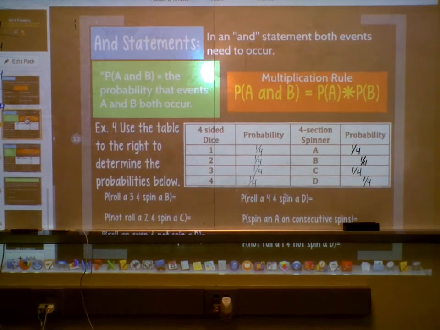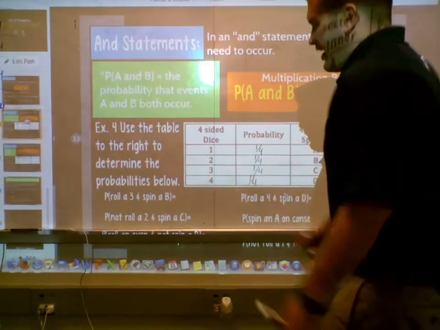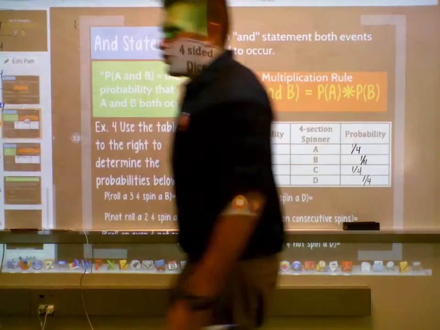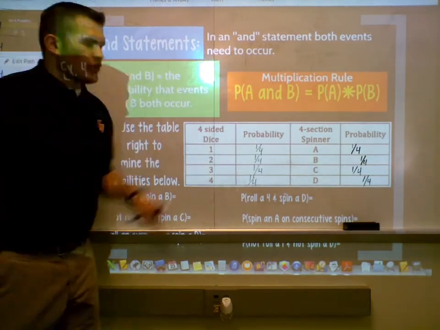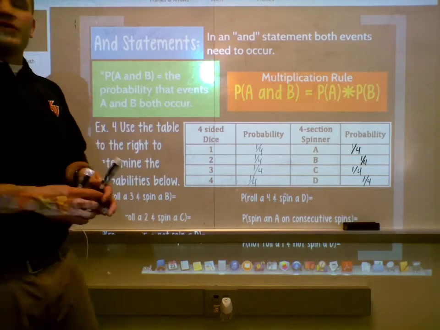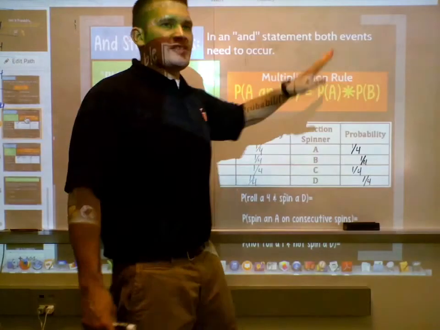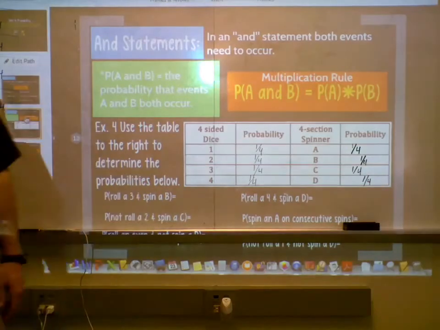So using the multiplication rule, I can arrive at an answer for the probability of A and B without making a sample space. The probability I roll a 3 and spin a B. What's the probability of rolling a 3? 1/4. What's the probability of spinning a B? 1/4. So the probability of doing both is 1/4 times 1/4. What does that equal? No, it does not equal 2/8. You added.